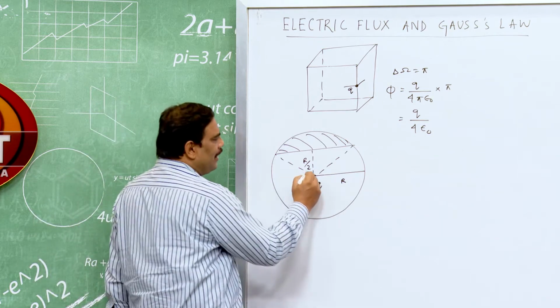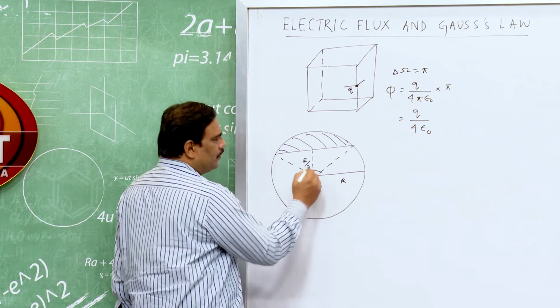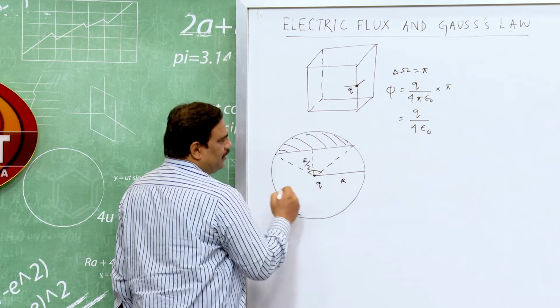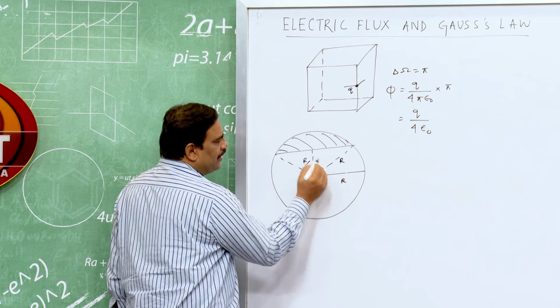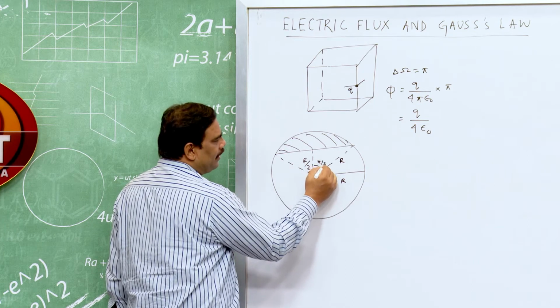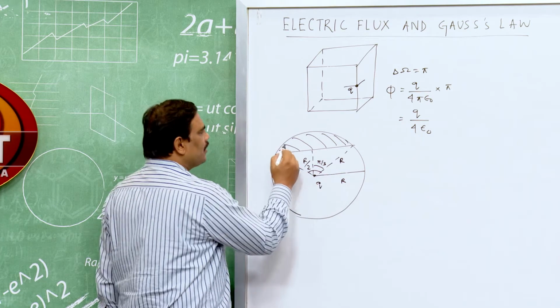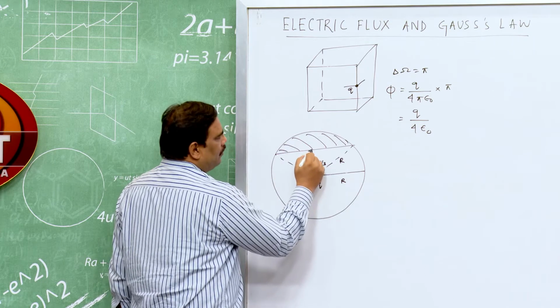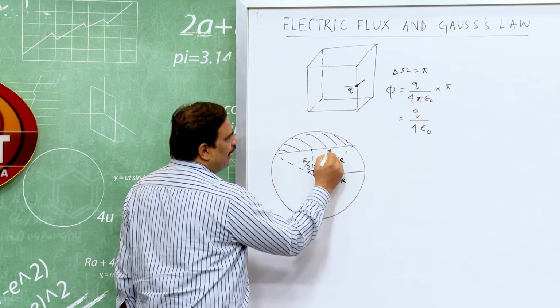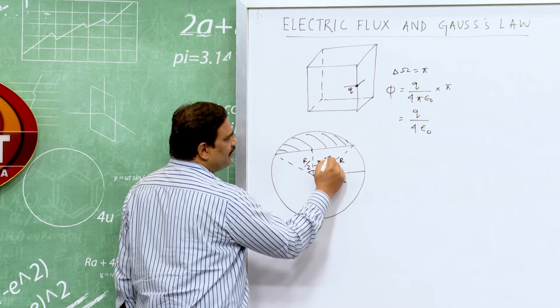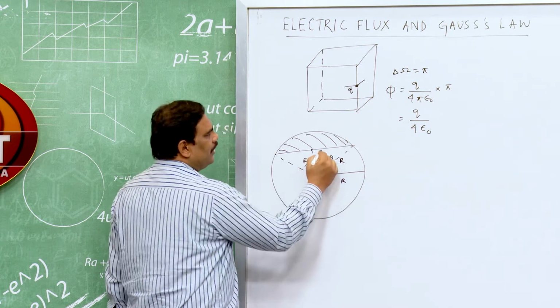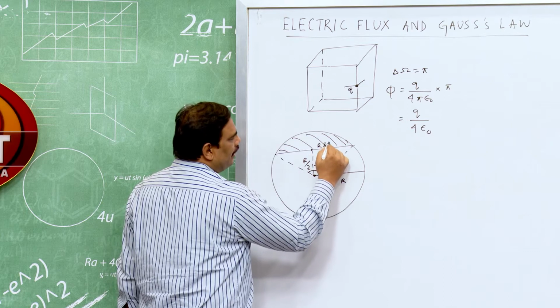To find the solid angle here, we can calculate, this is my r, this is r by 2. So, this angle is obviously pi by 3. Now, let us consider, if this is my r, if this angle is my theta, then this is my r sin theta.